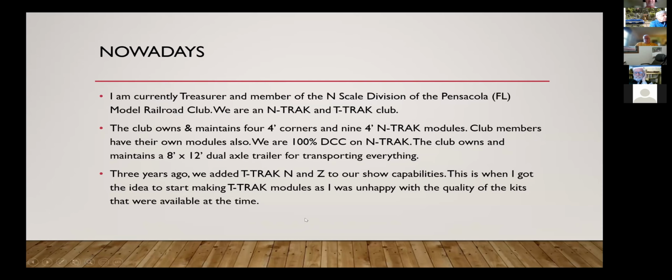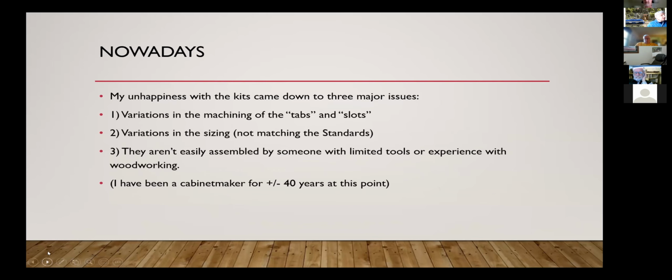I started making T-TRAK modules then, because I was really unhappy with the quality of the kits that were available, for 3 main reasons. With the pre-manufactured kits, you always had to do so much to make the tabs, slots and all of the little cutouts line up that they were inconsistently sized, at least by my standards.